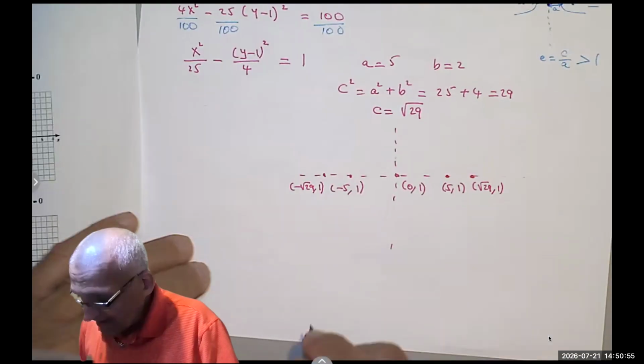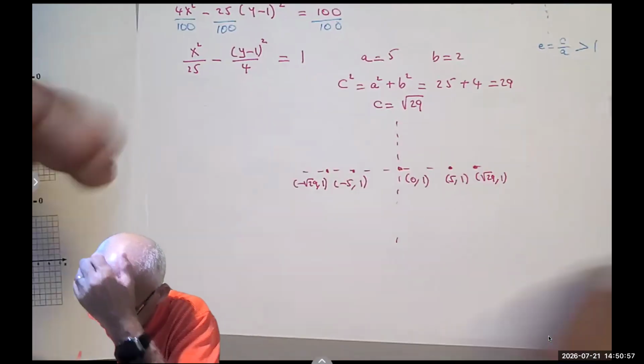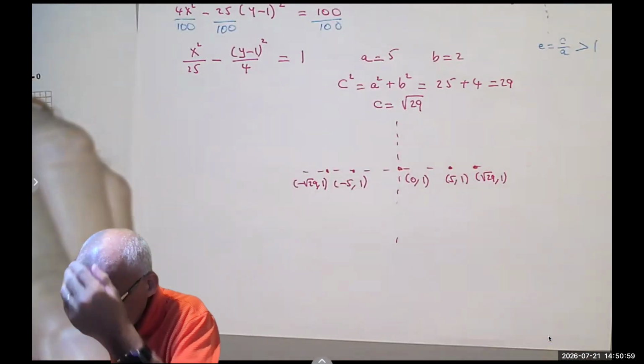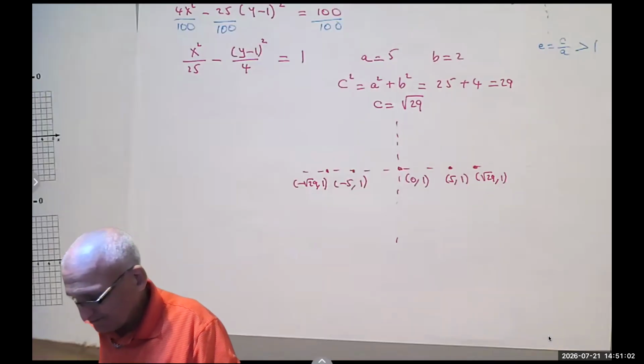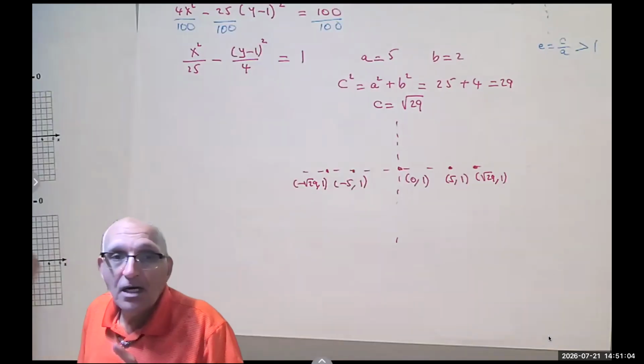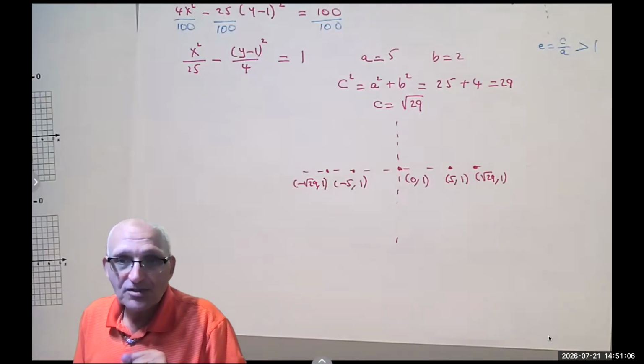Okay? Then I want to draw the hyperbolas. We have two asymptotes.